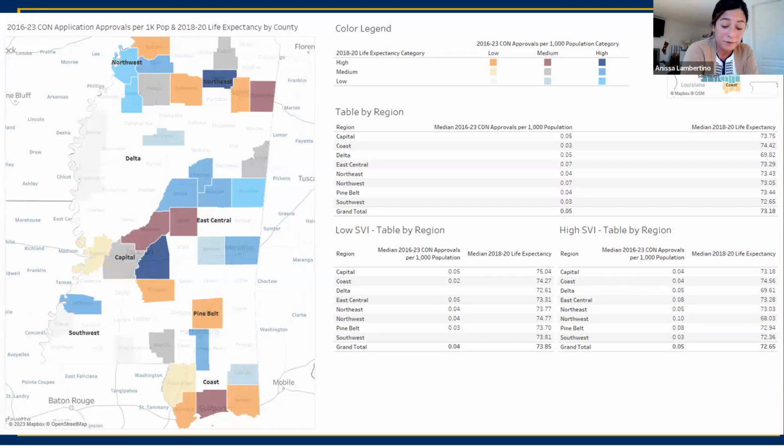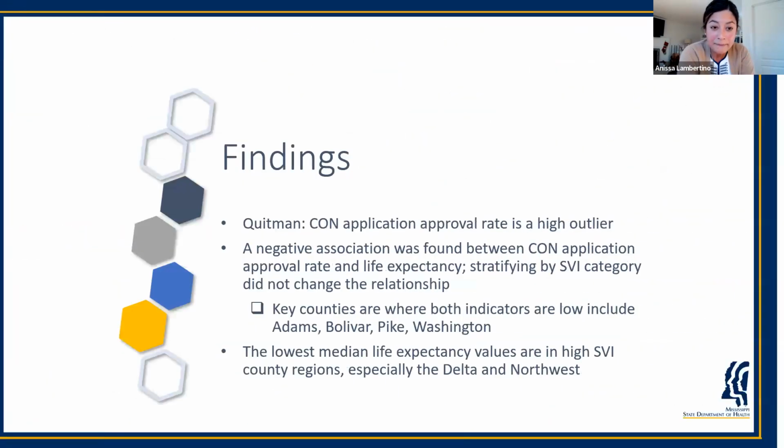And what we found was that the lowest median life expectancy values were in the high social vulnerability county regions, and especially in the Delta and the Northwest. Next slide. And this is just a slide showing the findings, which I've already discussed.